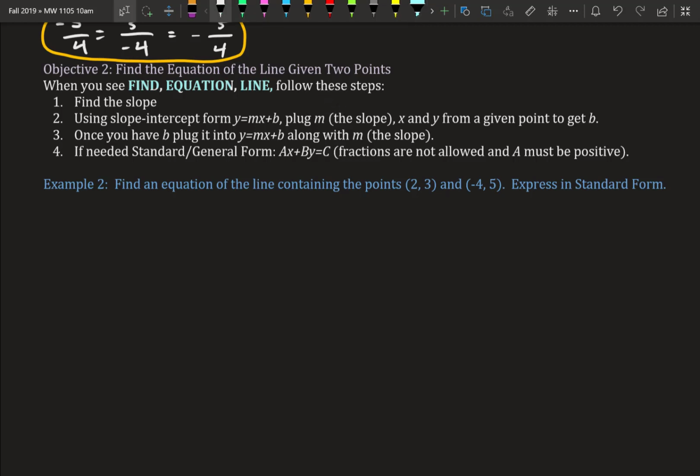Usually, no matter what, your first step is always to find the slope. Sometimes they give it to you, sometimes you have to find it, sometimes it's parallel, sometimes it's perpendicular. Since we're given 2 points, we need to use the slope formula, y2 minus y1 over x2 minus x1, from the points they give us.